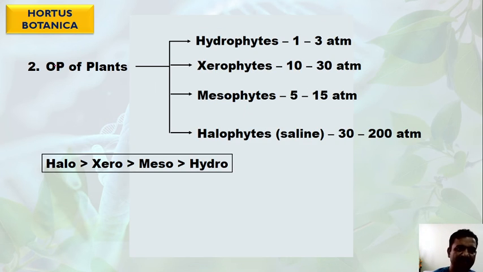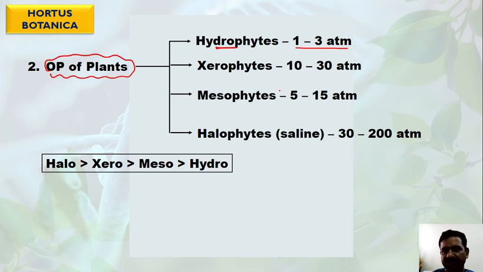Now we talk about the osmotic pressure in different plants. Hydrophytes have 1 to 3 atmospheres, xerophytes 10 to 30. Mesophytes, your simple land plants in mesic conditions, and xerophytes, the desert or sand plants. Hydrophytes are the water plants.